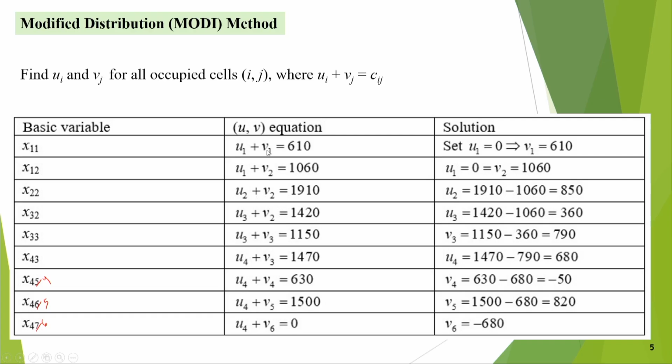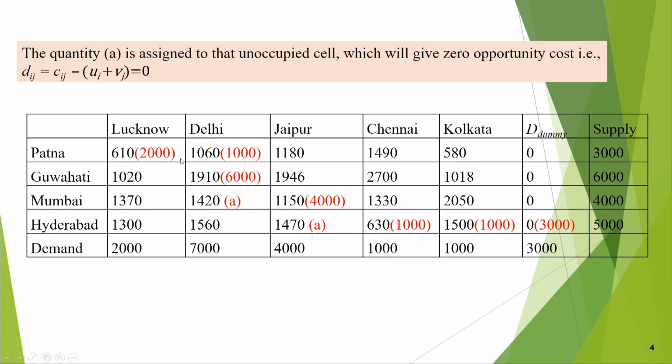Once you assume u1 is equal to 0, v1 is equal to 610, and then v2 is equal to 1060, like that you can get u1, v1, etc. This systematic way I have written just to explain, but in the exam if the time is less, I may do that very fast, simply putting u1 is equal to 0, and then I will keep doing this.